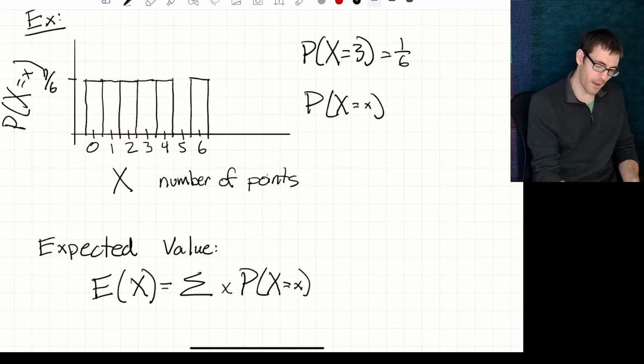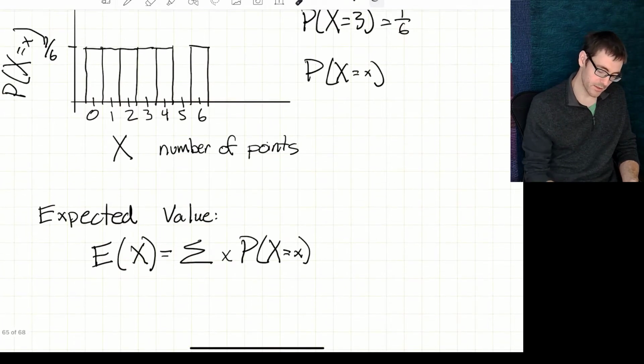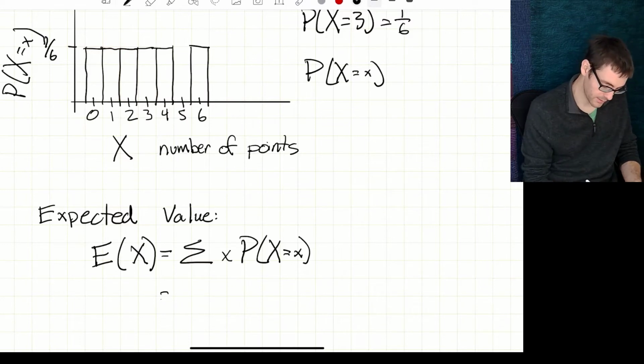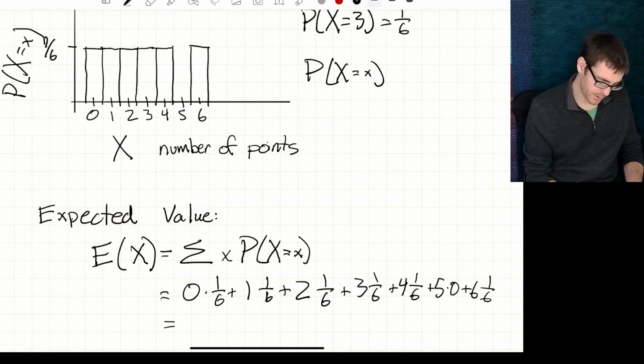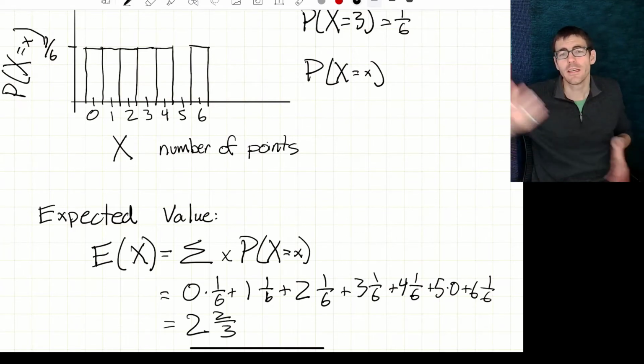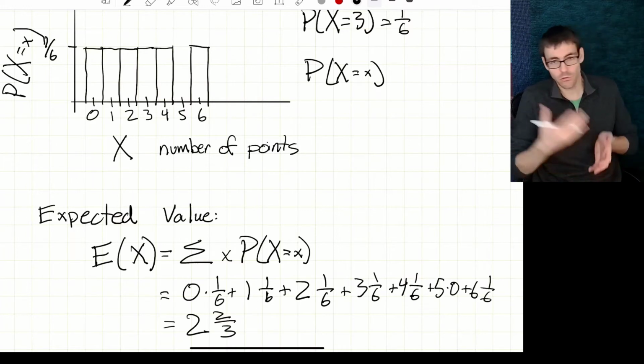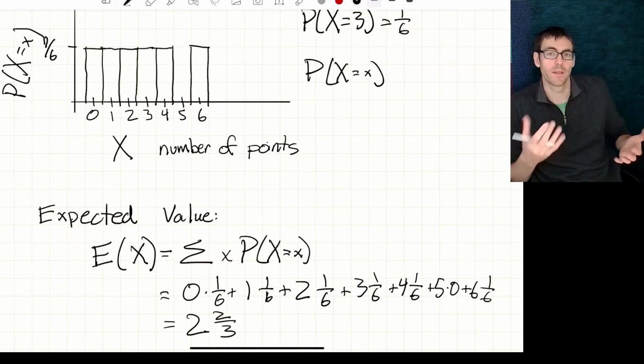So we're adding up each of the different point values times their probability. In this case, we would get 0 times 1/6 plus 1 times 1/6, etc., which should end up being 2 2/3. So on average, each die roll should give us 2 2/3 points.